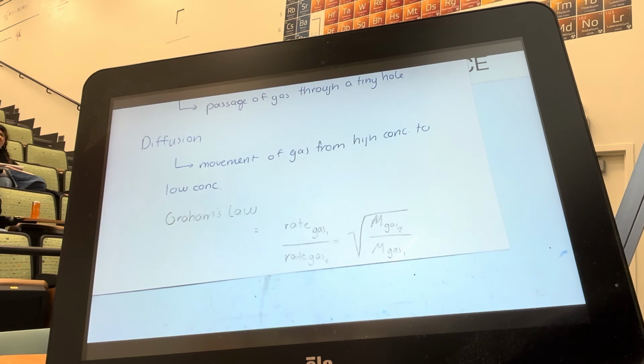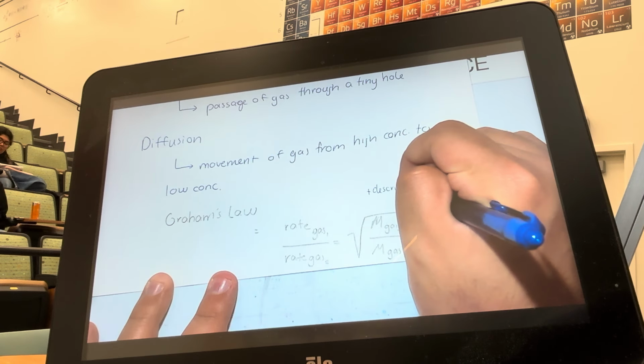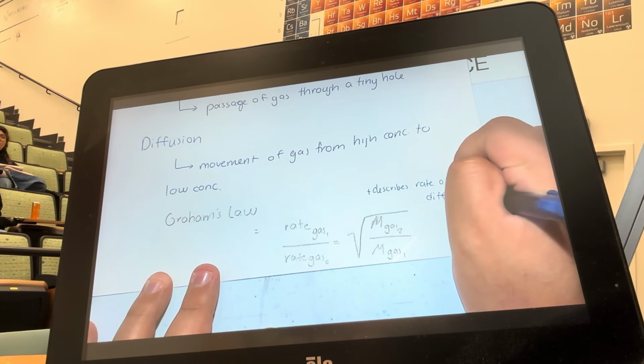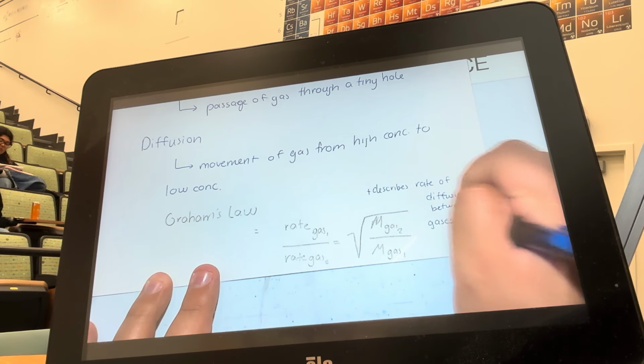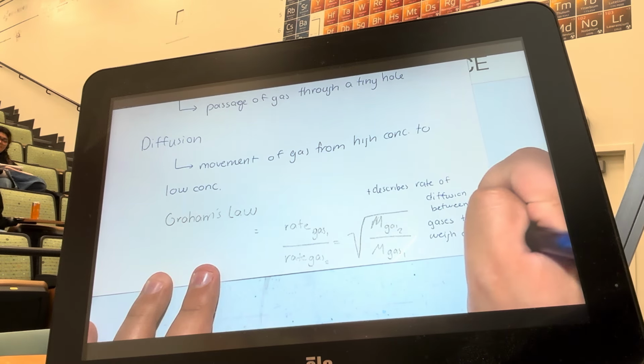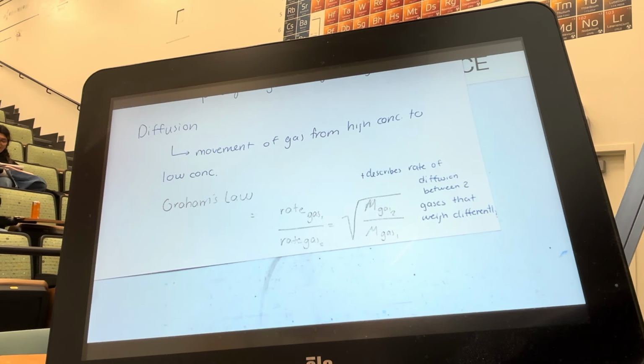Let me write that really quick. In that case, you don't need to turn those into kilograms, grams are fine.